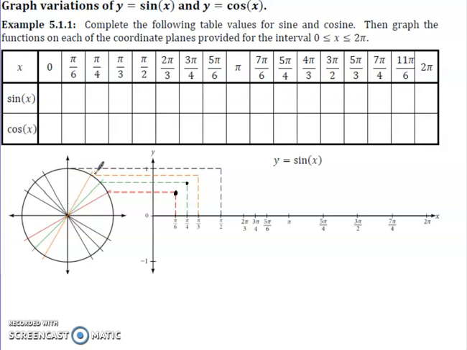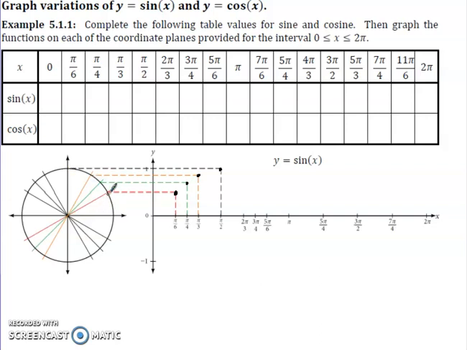Going up to my angle of pi/3, my y value would be approximately here, and over at the angle pi/3 for that input, I would have a point there, and then at pi/2, I would have a point at 1, because on my unit circle, that y value at pi/2 is 1.